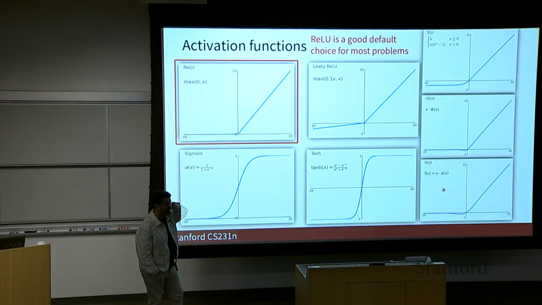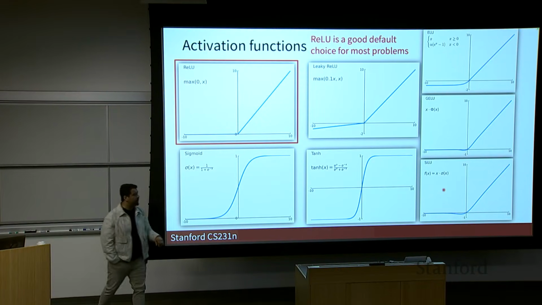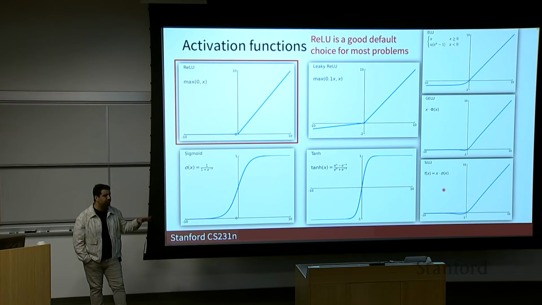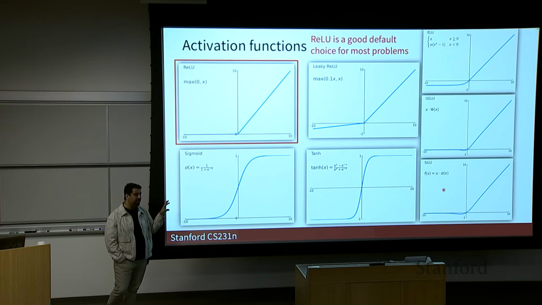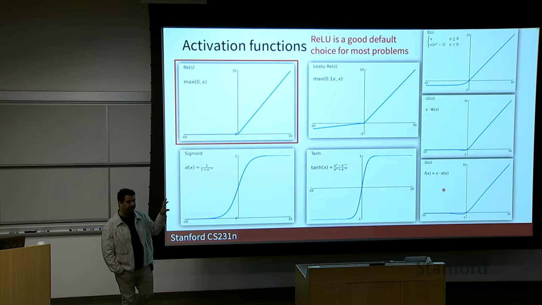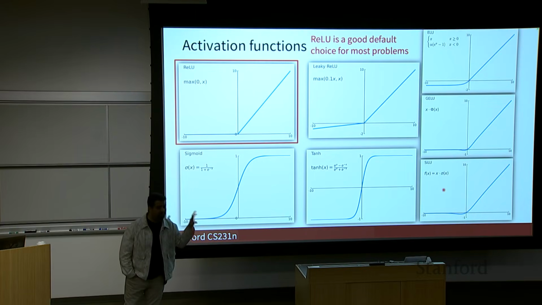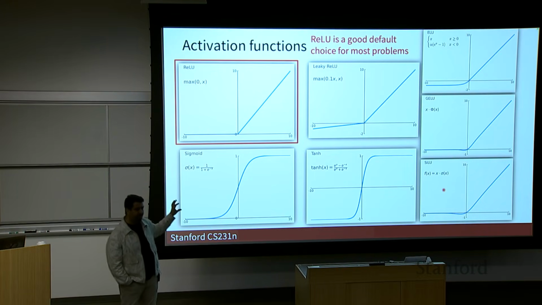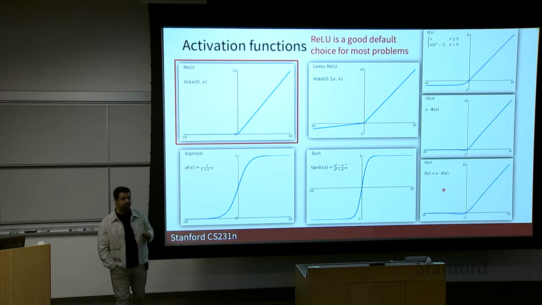So there are many different factors. These are the main ones that I talked about, which play an important role in designing these functions. I'll talk a little bit more about it when I go into details of the activation functions.